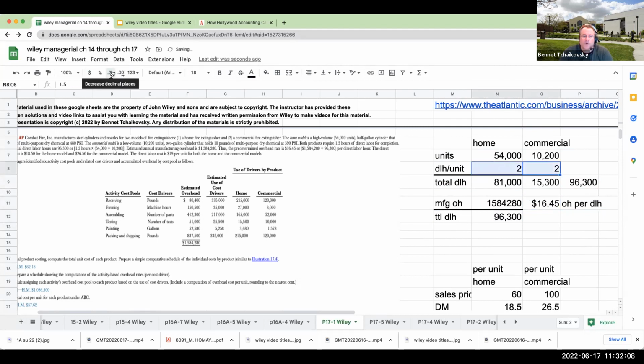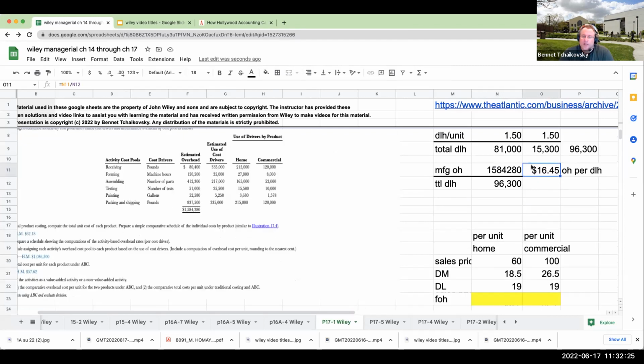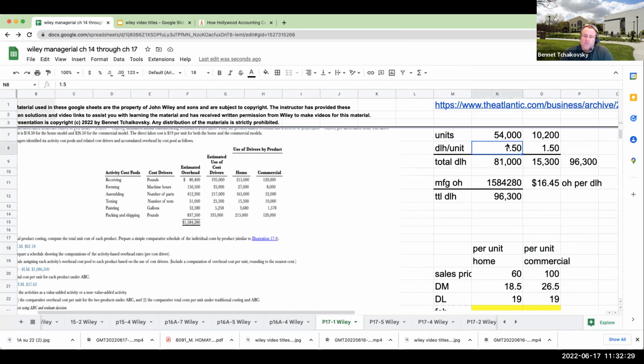And let me just correct this. Okay. So for every direct labor hour we spend, we're going to be allocating $16.45 to it.